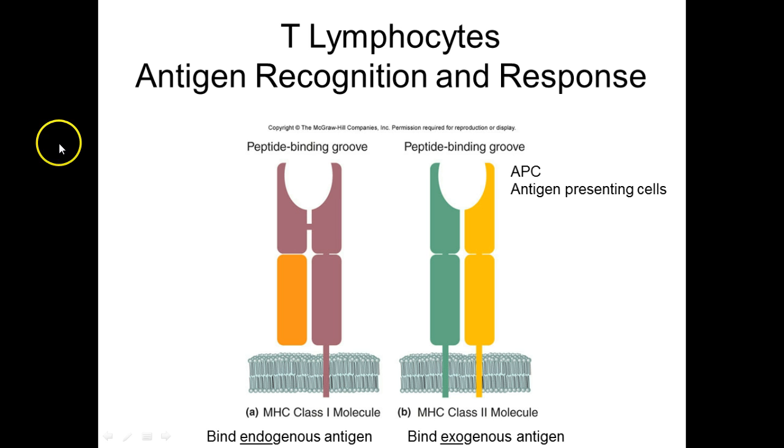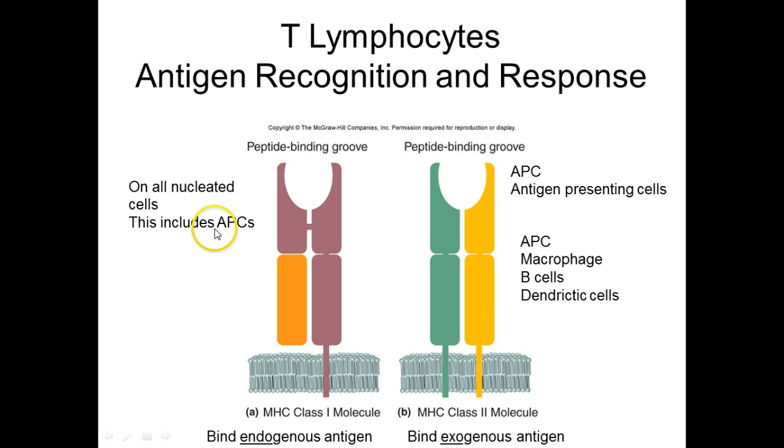So all our nucleated cells, and I have this backwards, of course, have this receptor, class 1, on the surface of our cells. So if a virus gets into your cell, it's going to pick up a piece of it and present it in the cleft of this molecule, this MHC class 1.